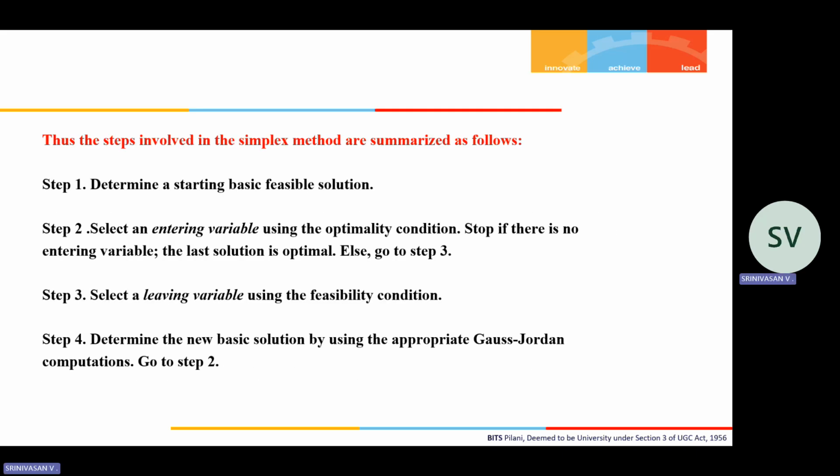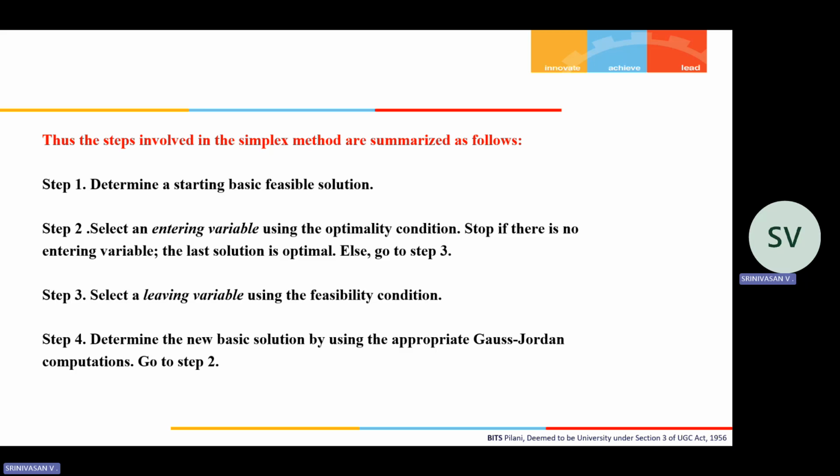Thus the steps involved in the simplex method are summarized as below. Step 1, determine a starting basic feasible solution. Step 2, select an entering variable using the optimality condition. Stop if there is no entering variable; the last solution is optimal. Better, I would suggest that if Zj minus Cj is greater than or equal to 0 for all j, then the optimality condition is reached, so that is the optimal solution.